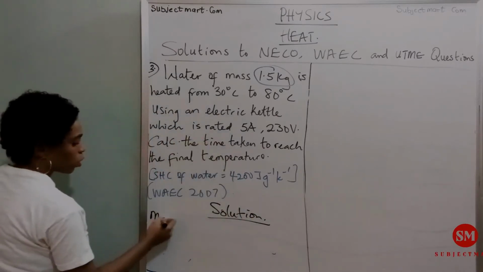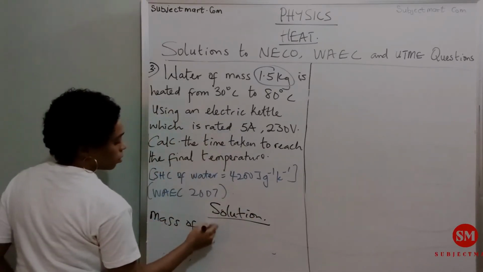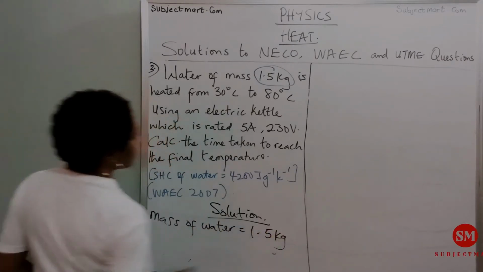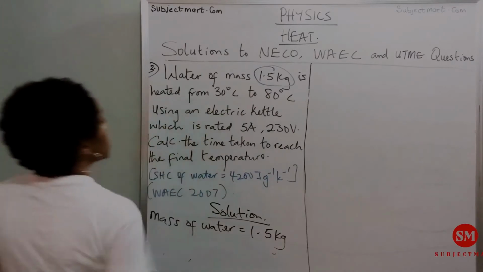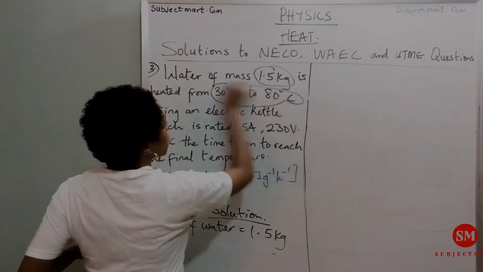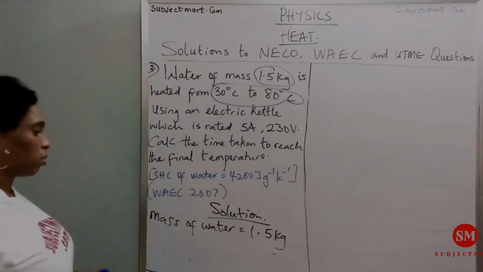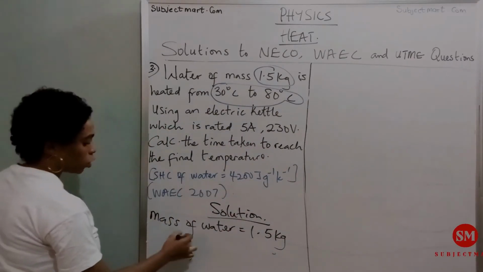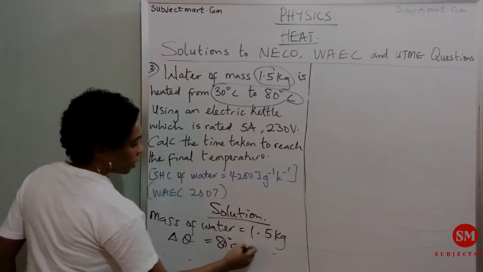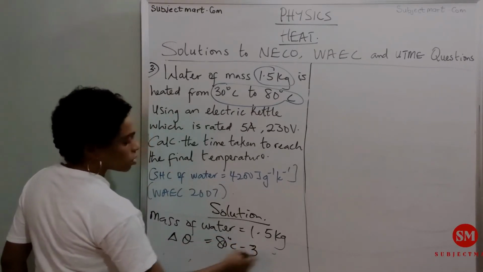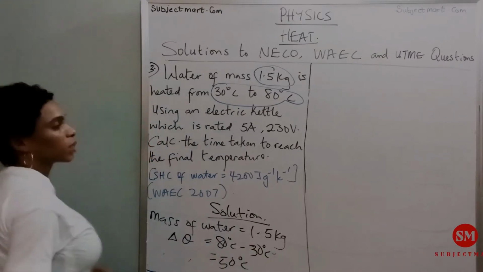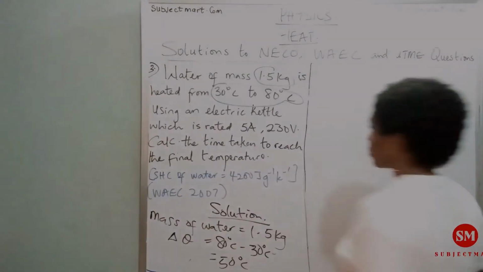So the mass of water is 1.5 kilogram, is heated from 30 degrees C to 80 degrees C. So the change in temperature is 80 degrees C minus 30 degrees C. And that will give me 50 degrees C, which is the difference in temperature.